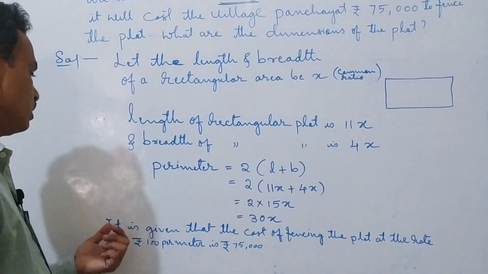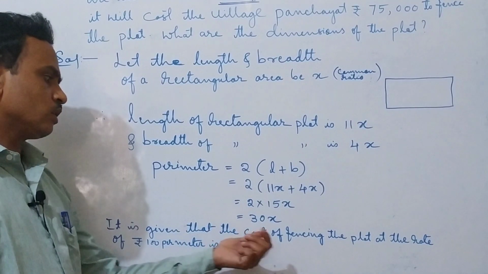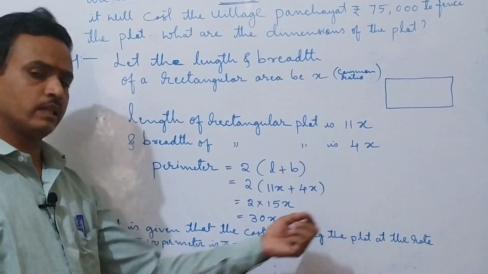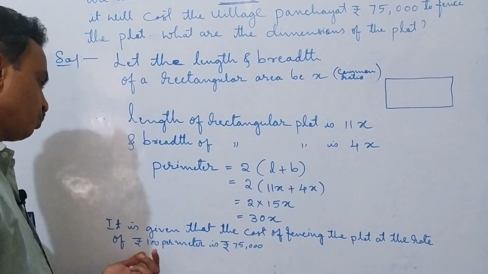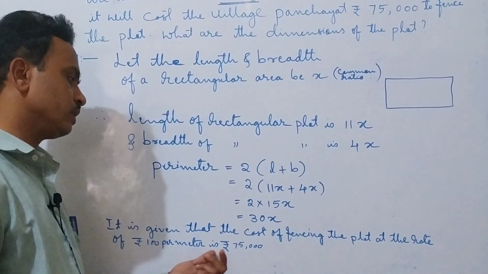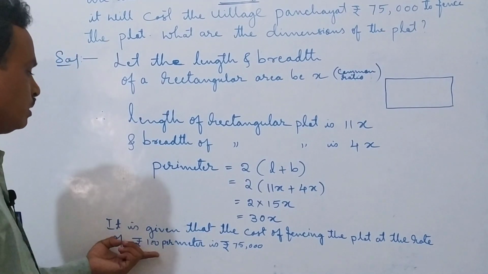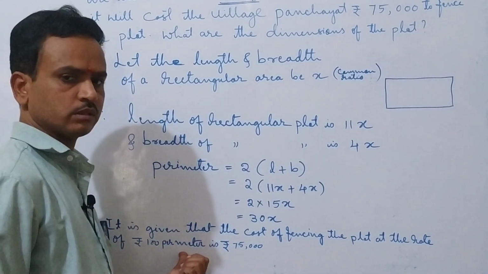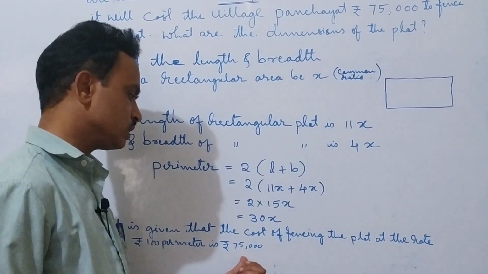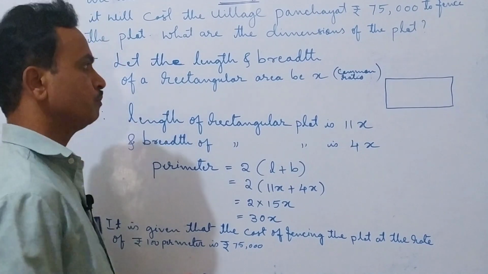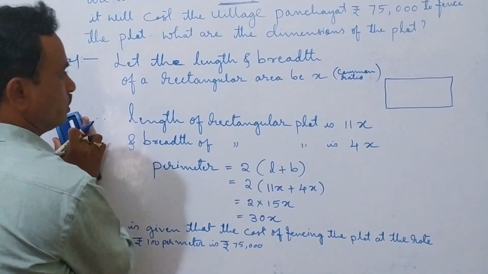According to the question, the cost of fencing the plot at the rate of rupees 100 per meter is rupees 75,000. Per meter cost is 100 rupees, and the total cost given is 75,000.